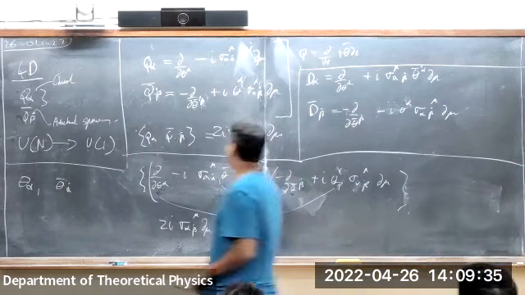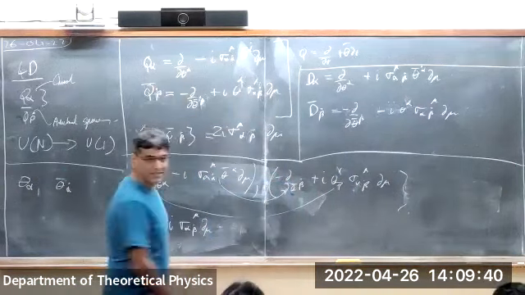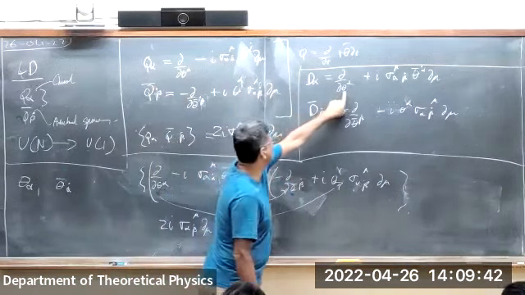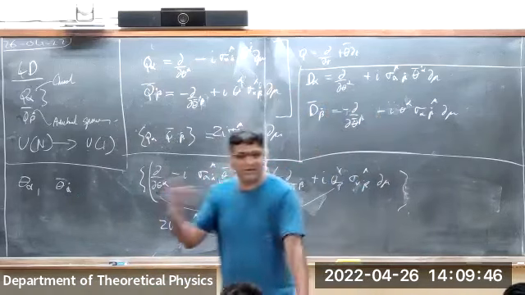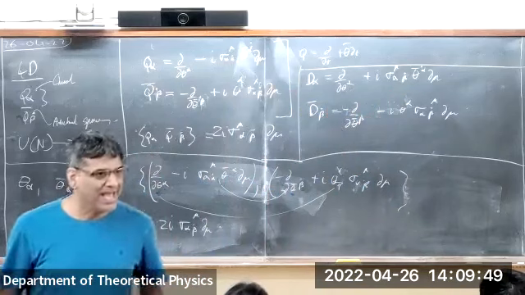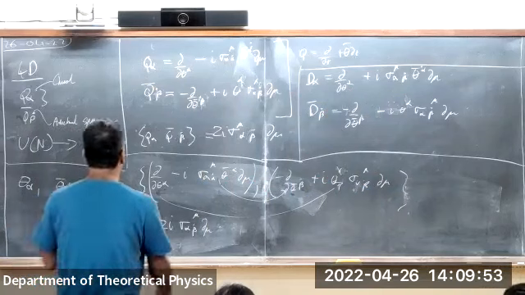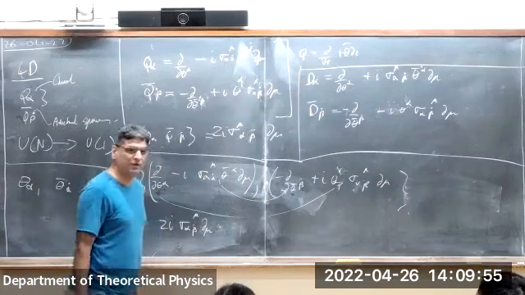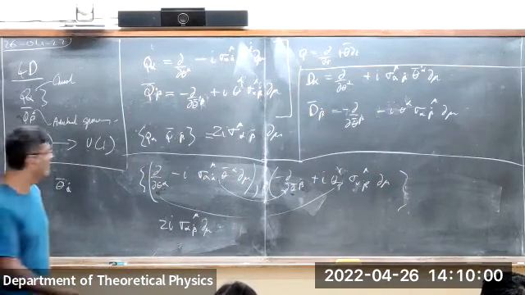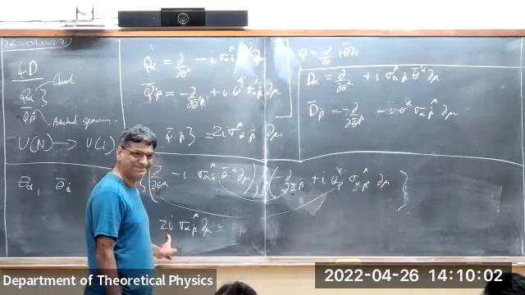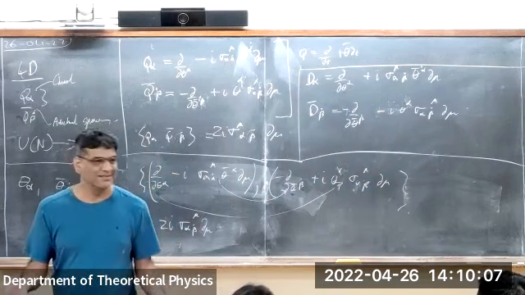That D alpha commutes with Q alpha is obvious because it has del by del theta and there's theta. There's no term that could possibly not commute. The only thing that is not obvious is that D alpha commutes with Q bar beta dot. And the way it's going to happen is exactly the way it happened last time. Of these two terms, one will come with a plus and the other comes with a minus.